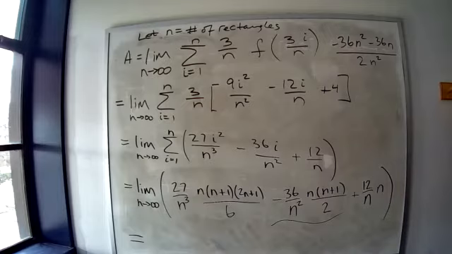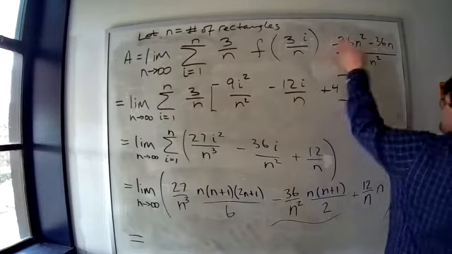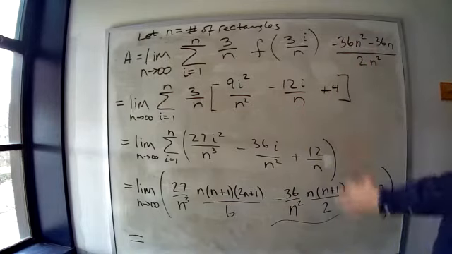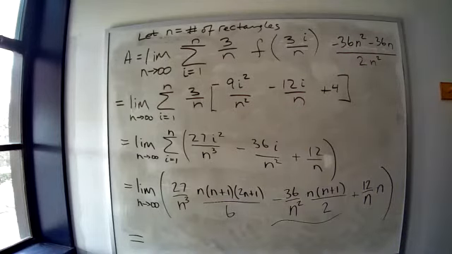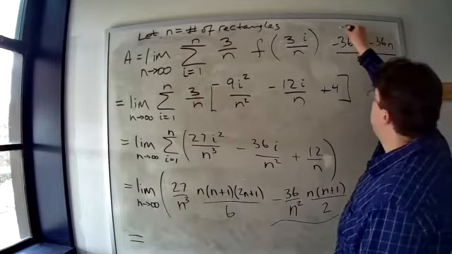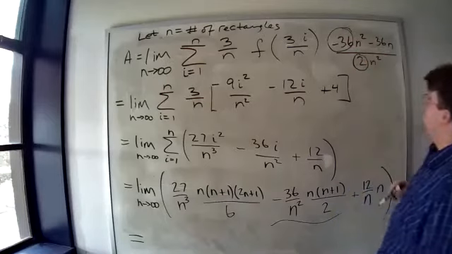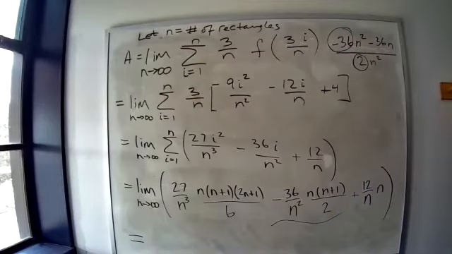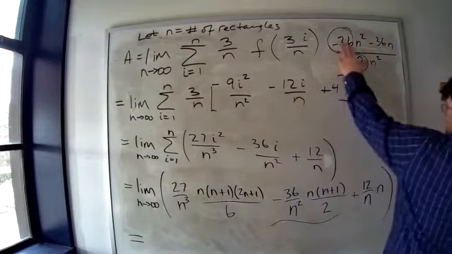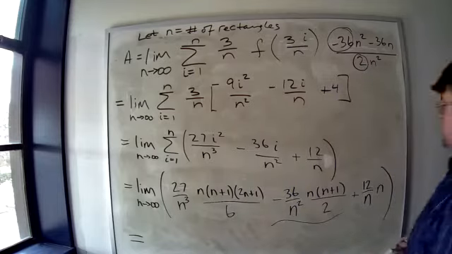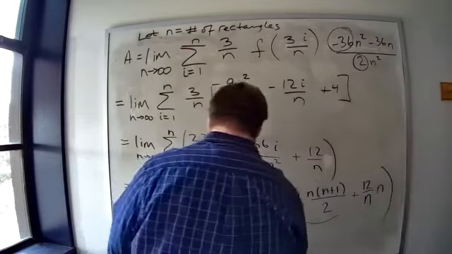Well, we're taking the limit as n goes to infinity, but we have here a degree 2 over a degree 2. So how would we do that? Well, we would divide everything by n squared and then take the limit, and then these numbers here would be left. We could do that, or we can make the coefficient argument, which just says that the limit would be that number over that number, which in this case reduces to what?